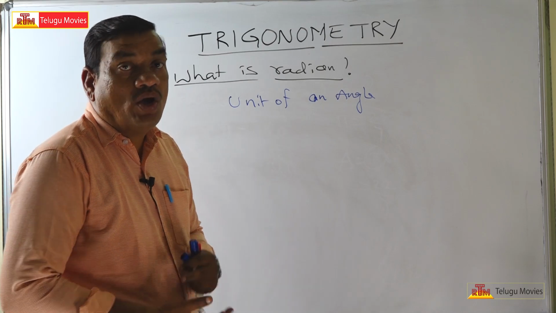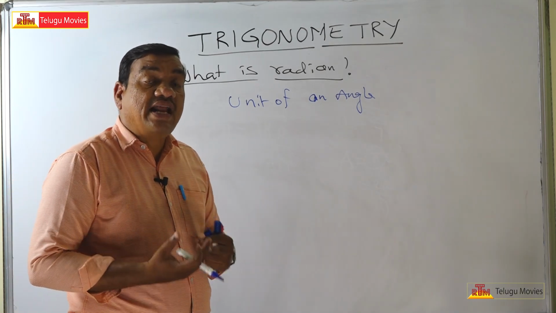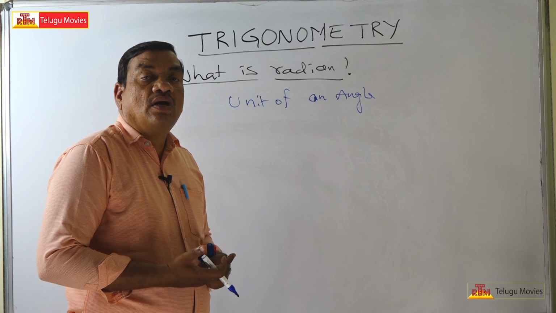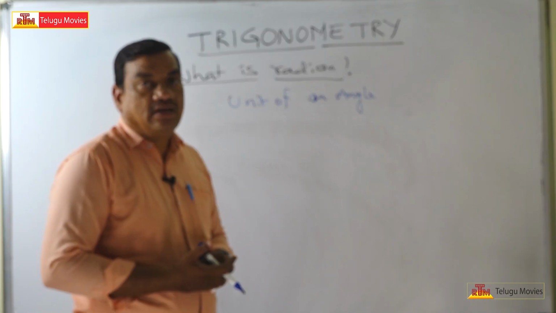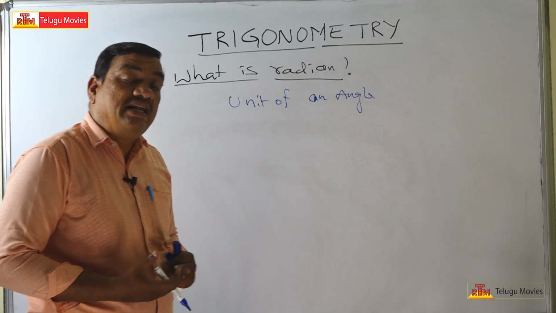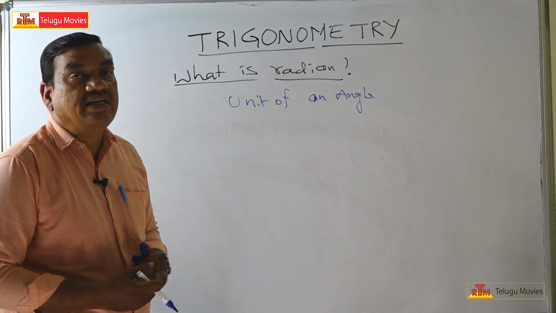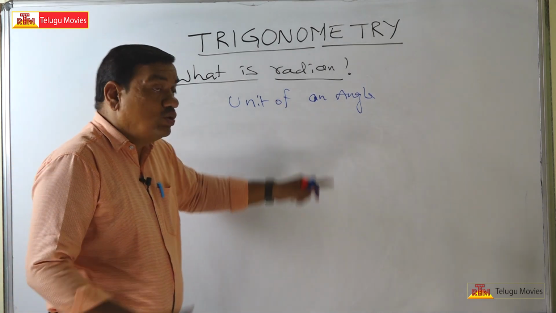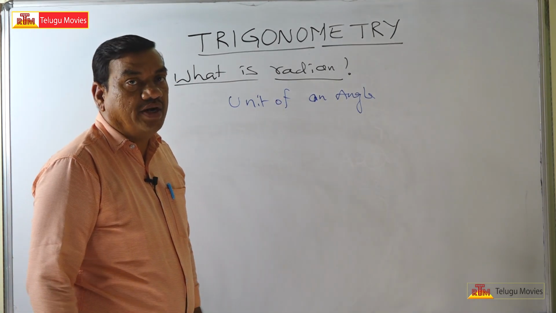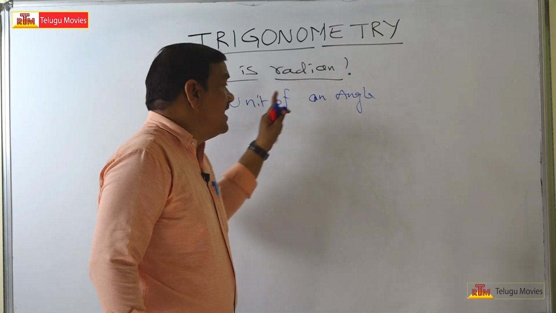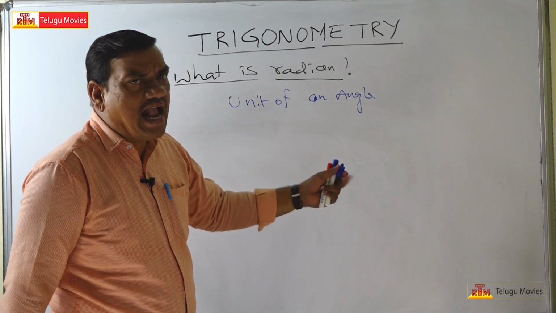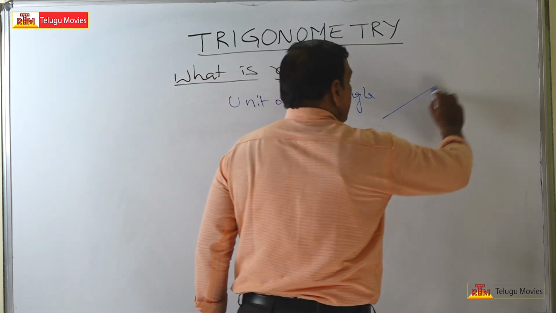Weight we measure in grams, kilograms, tons, quintals. Liquids we measure in liters, milliliters. Those are the units of the corresponding things. Here also, radian is the unit of an angle.